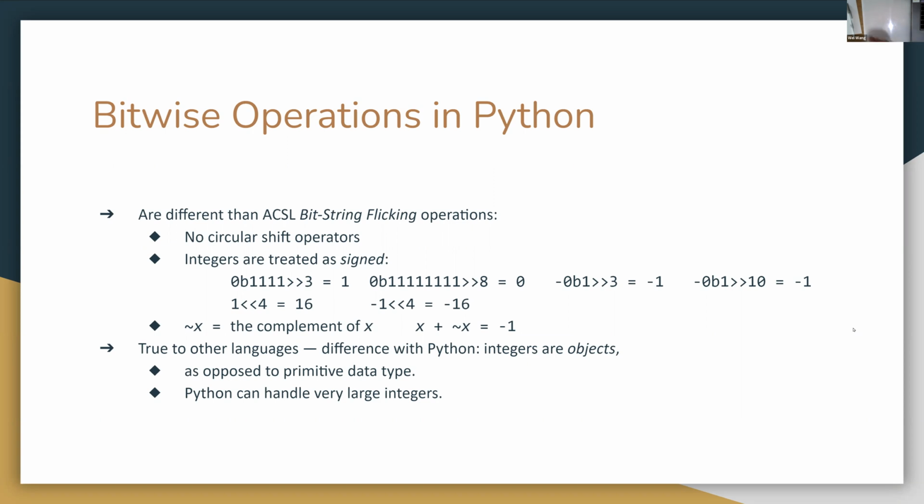I don't know if you can read this. It's a little too small. So if it is a -1, if it's a signed integer, -1 would be, if it's a 4-bit integer, 1111, as the language stores it in memory.